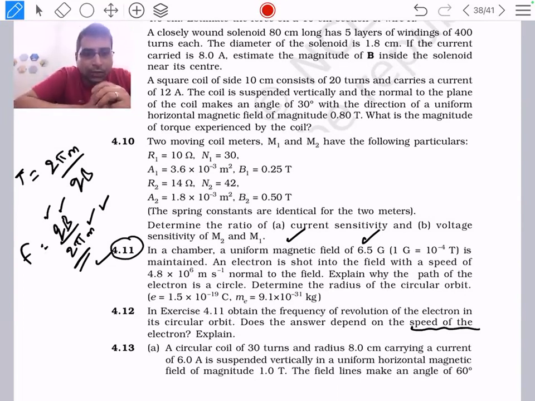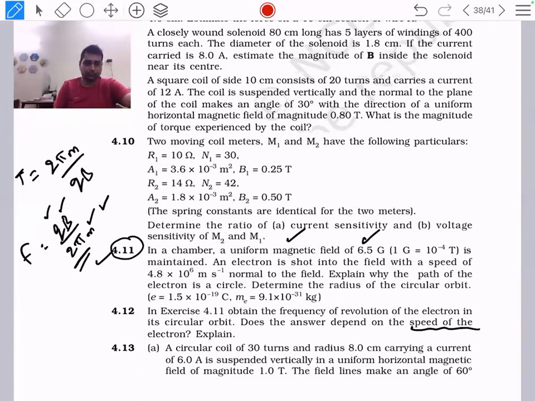With whatever speed we project the particle into the uniform magnetic field in the perpendicular direction, the time period of the particle and its frequency always remain constant.